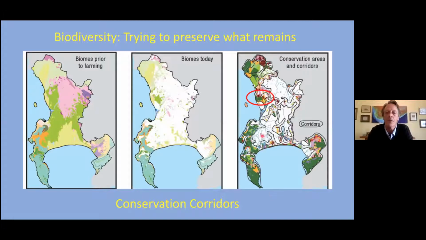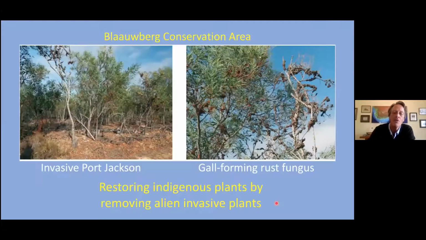And I'm just going to show you this one up here, the Blaauwberg Conservation Area, which is local. And if you go there, what you'll find is that portions of it are heavily infested with Port Jackson, which is an Australian acacia brought in to stabilize the dunes, which it does a very good job of doing, but has then since spread to other areas.